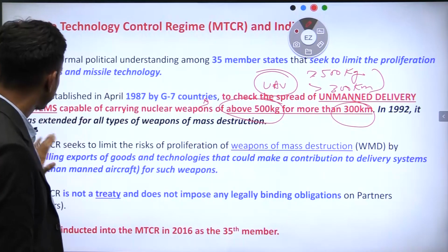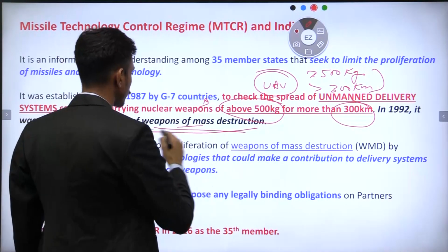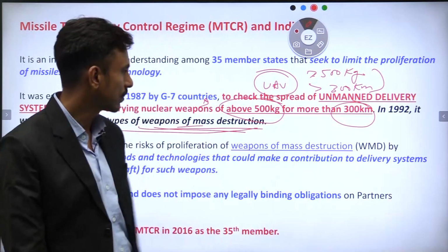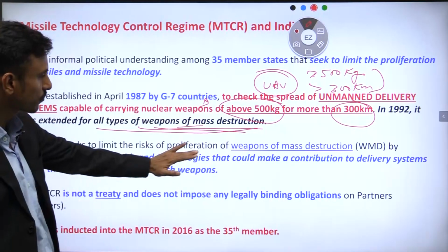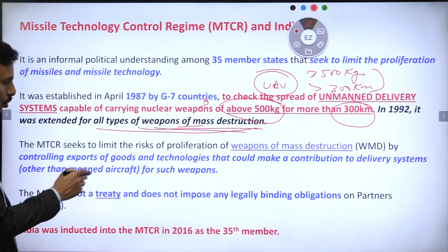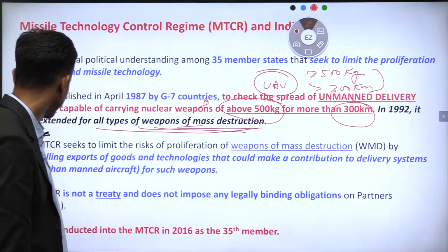In 1992, it was extended to all types of weapons of mass destruction. All types of WMD means chemical weapon, biological weapon, radiological weapon, nuclear weapon, and so on, right? So it seeks to limit the risks of proliferation of weapons of mass destruction by controlling the export of goods and technologies that could make a contribution to delivery systems, right?